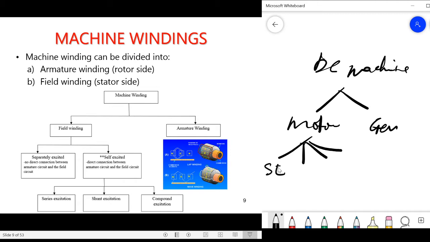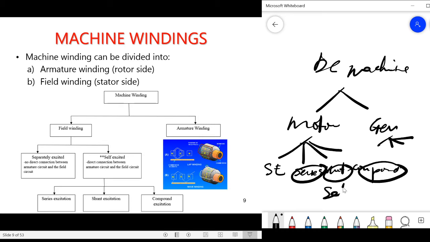Kita ada separately excited, lepas tu kita ada series, shunt, compound. Yang ini pun sama, ada empat. Separately excited, series excitation, shunt excitation and compound. Tiga ni, yang ini adalah self excitation. Right. Okay. So next.